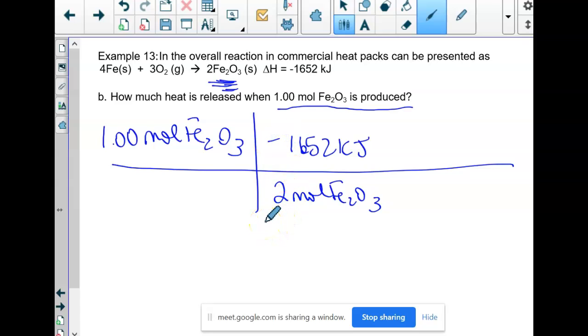Questions about that? That piece is important. So 1652 negative divided by 2, and we get negative 826 for our answer, kilojoules. So the sign stayed like it was because as it is written and as it is requested is in the same order.